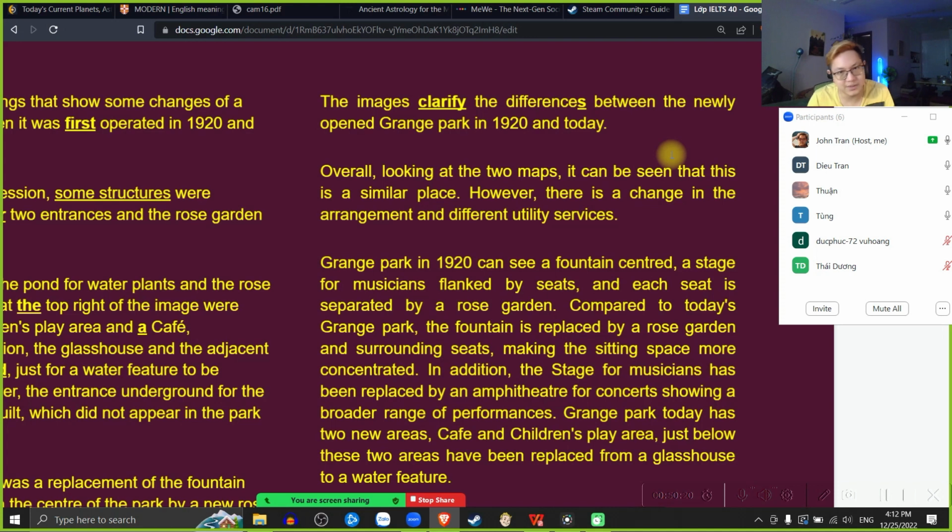The newly opened Grange Park in 1920, and how it is today. Tại vì sao? Cái newly open này chỉ diễn ra đối với cái khúc này thôi. The word newly open only gives information about Grange Park in 1920. It doesn't have anything to do with today because today is not newly opened. Ngày nay nó không phải được mới mở, mà cái chữ mới mở này chỉ diễn ra năm 1920 mà thôi. So that's why I use the words how it is today.